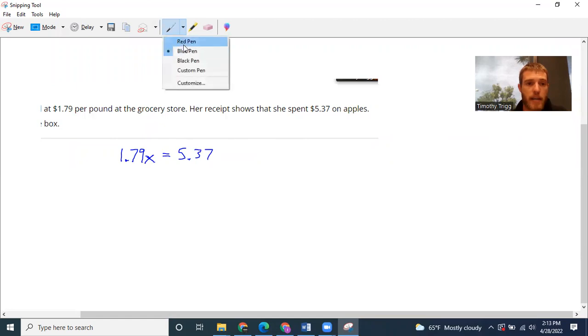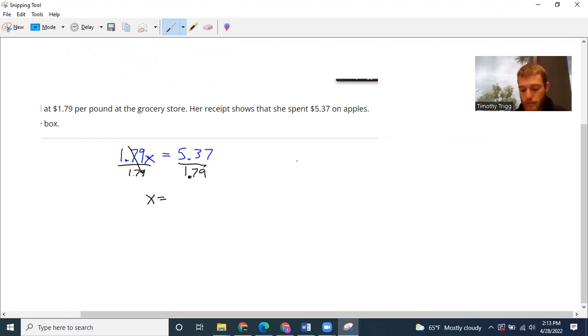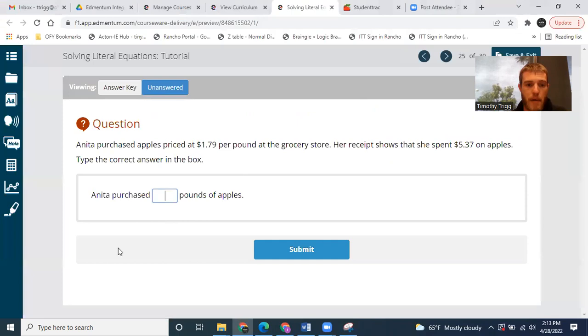Now our goal is to get X by itself. So we're going to go ahead and divide by $1.79 on both sides of the equation. Remember, we do it on both sides to keep it equal, giving us that X is 3 pounds. She purchased 3 pounds of apples.